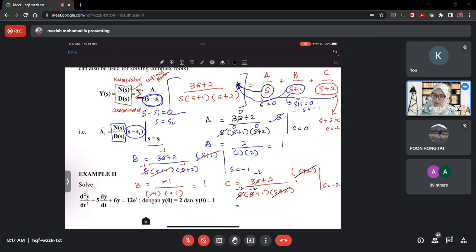So we have 3 multiplied with minus 2 is minus 6, plus 2 is minus 4, divided by minus 2 multiplied with minus 1. So minus multiplied with minus is positive, positive 2. So we get minus 2 for C.